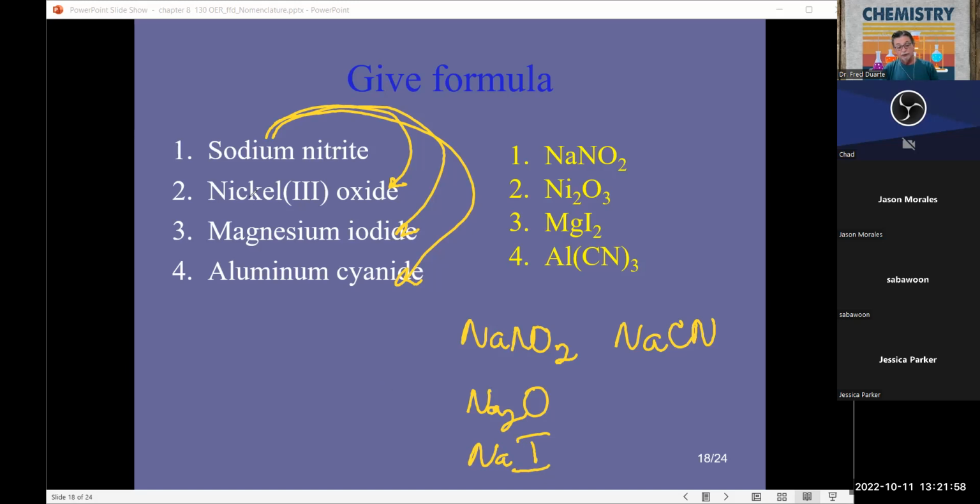And do the same with nickel and nitrite, nickel with iodide, nickel with cyanide, etc. So again, probably up to about 400 or 500 compounds now, maybe.